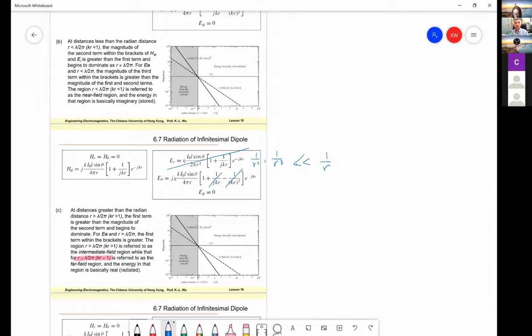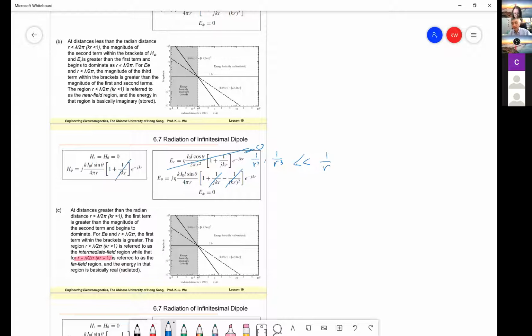The difference between engineering and science is that engineers know how to catch the main factor of the issue, right? So the Er component is completely zero. And how about the magnetic field?